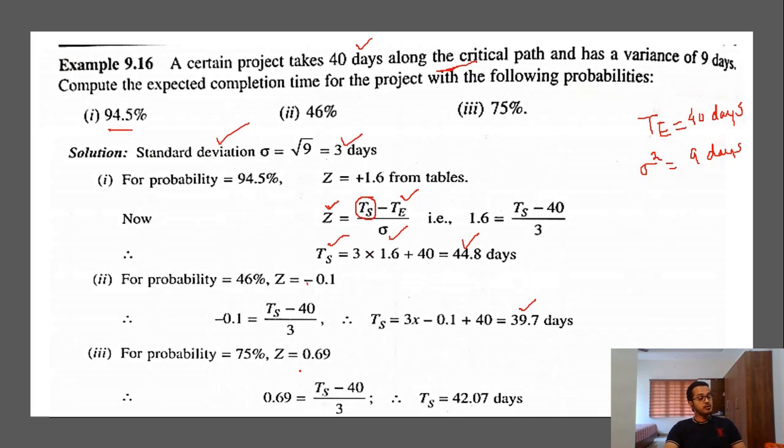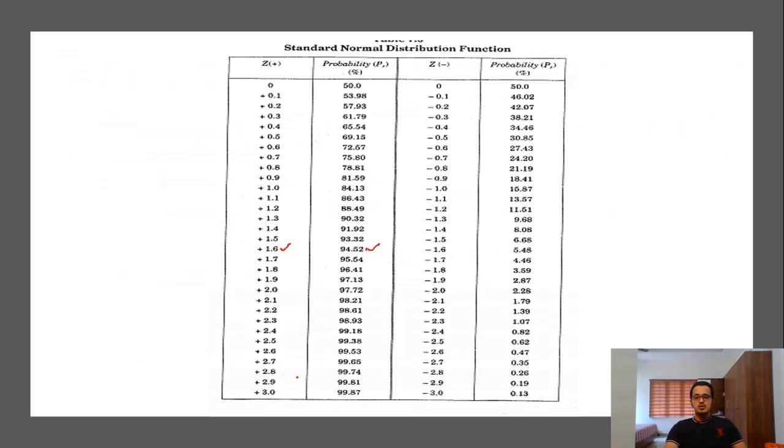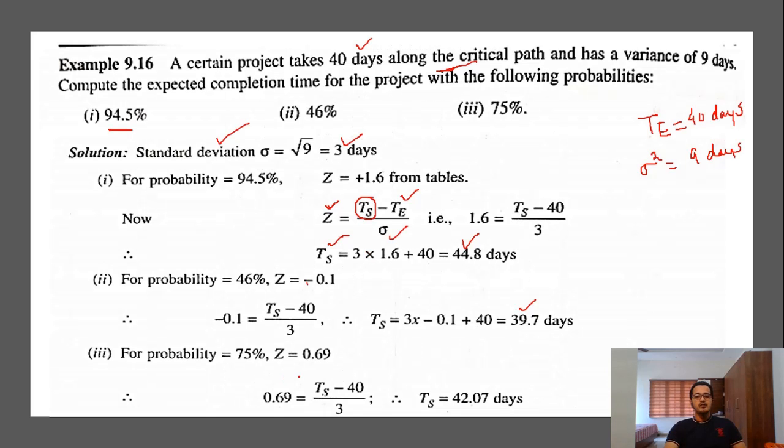Okay, in all the problems we depend on the normal distribution function table, and from that only we will get the value of probability. So the value of TS we got is 42.07. So these are all the different problems that can come from this topic in the university question paper.